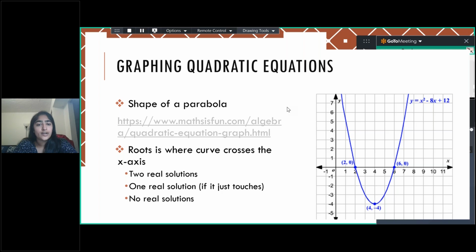So if we look here, let's start out with a positive a value and something more familiar looking. Here, this looks similar to the previous graph, just with different coefficients, where we have two real solutions.